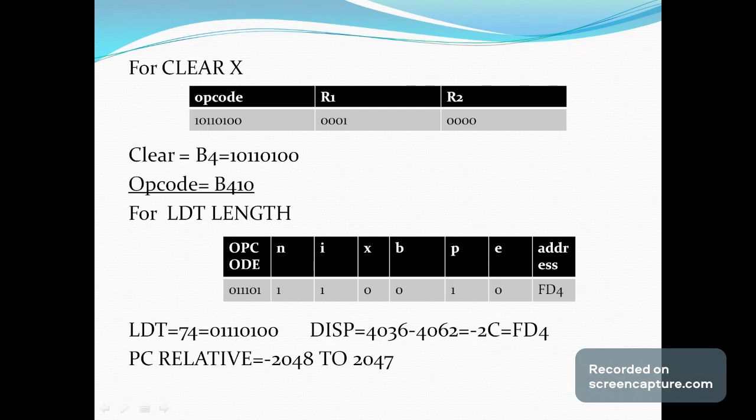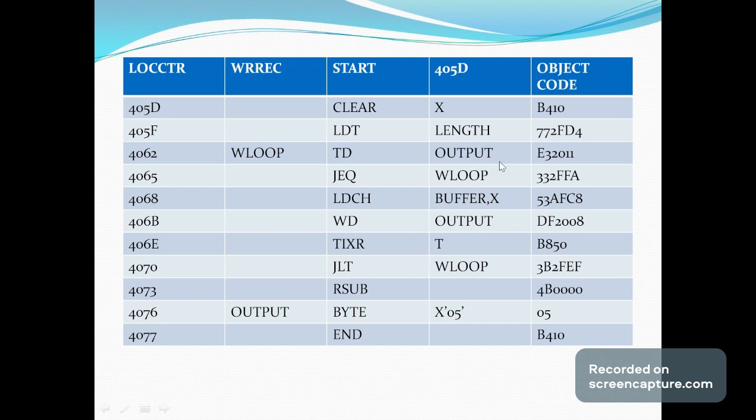Then we have to decide whether this is base relative or program counter relative, so we need to calculate the displacement. The displacement is equal to the value of the length, which is given in the problem as 4036, minus the PC value, the address of the next instruction, that is 4062, which gives minus 2C. This cannot be written like that, so it has to be converted into a hexadecimal value, and this instruction's object code is 772FD4.